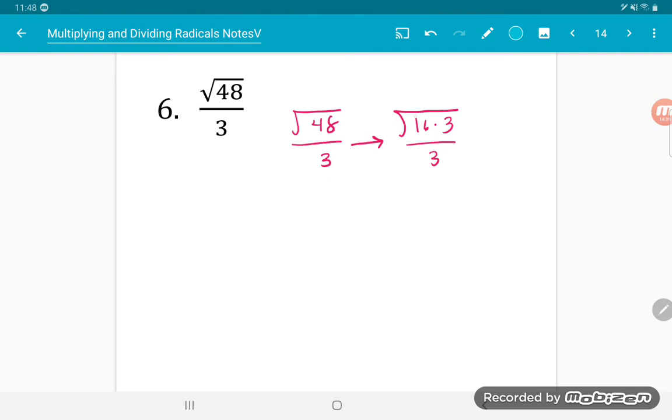Once you take the square root of 16, you get 4, and it comes on the outside. You leave your 3 under the radical, and then you bring down your other 3, which was in the denominator. 4 radical 3 over 3 is your final answer because 4 and 3 do not have any common factors.